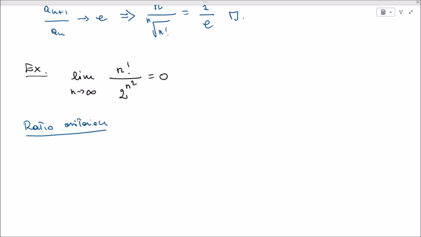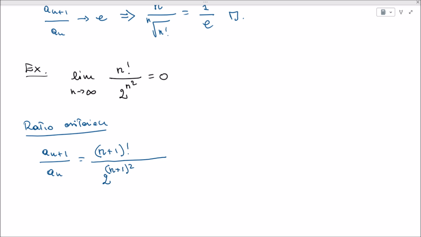And see what happens. Once again, we need to find an plus 1 divided by an. And this is n plus 1 factorial divided by 2 to the n plus 1 squared.